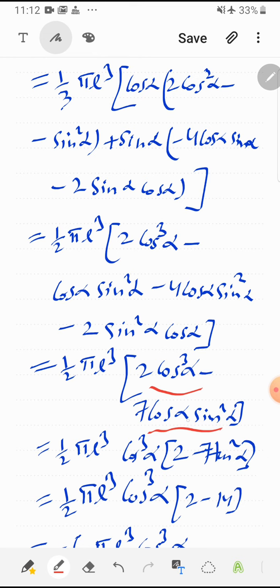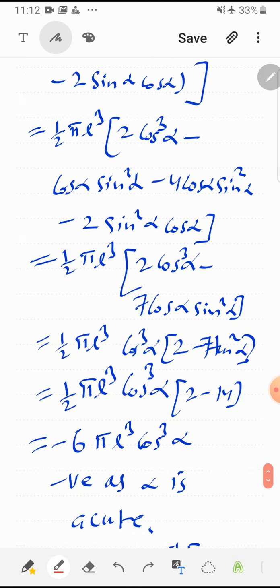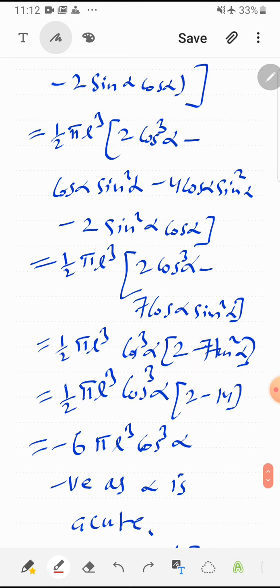Now if I take cos cube alpha common, inside the bracket is 2 minus 7 tan square alpha. As tan alpha is root 2, tan square alpha is 2, so 7 tan square alpha is 14, so it is minus 12, which is multiplied by half, so it becomes minus 6.